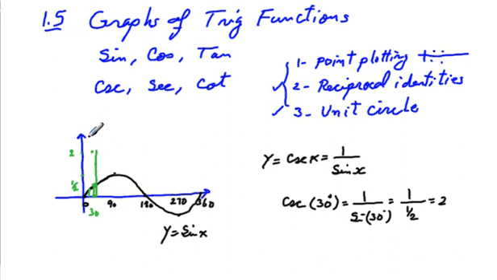Suppose the sine of some angle is 1/3. What is the cosecant of the same angle? Which is 3. So whatever this one is, the other one is the reciprocal of that.